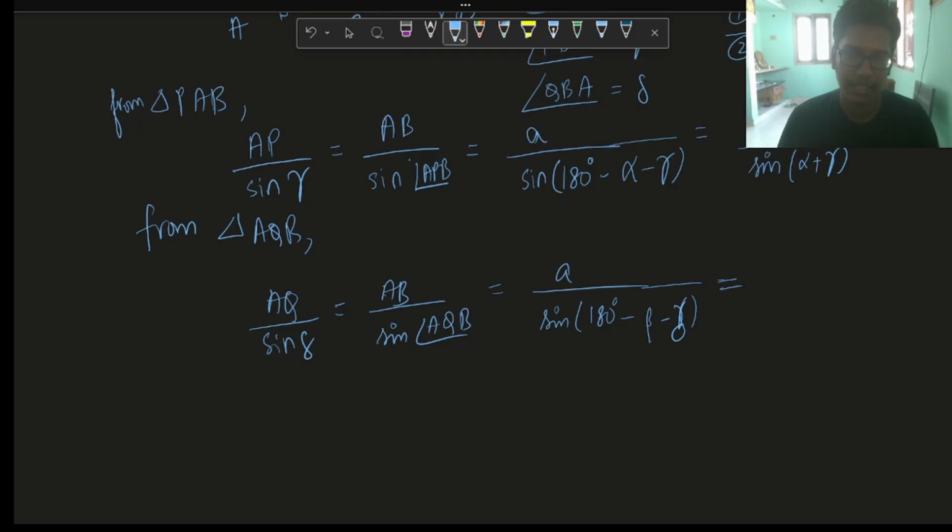With respect to this triangle, the angles we are dealing with are alpha and gamma, and with respect to that triangle, the angles are beta and delta. Sorry for the confusion. It is divided by sine of beta plus gamma.